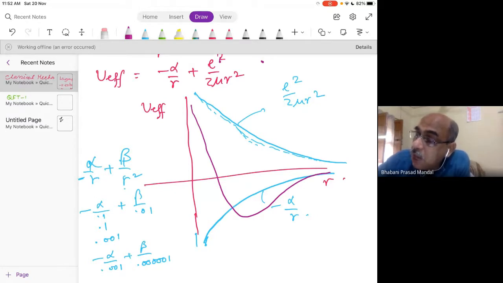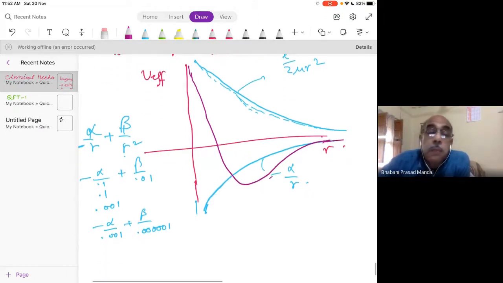So the positive side will be a small value and the negative side will be a larger value. So at infinity it will be negative. Your effective curve will start from the plus infinity side and go to minus infinity. So it will be something like that. This is the technique you should use to draw curves.